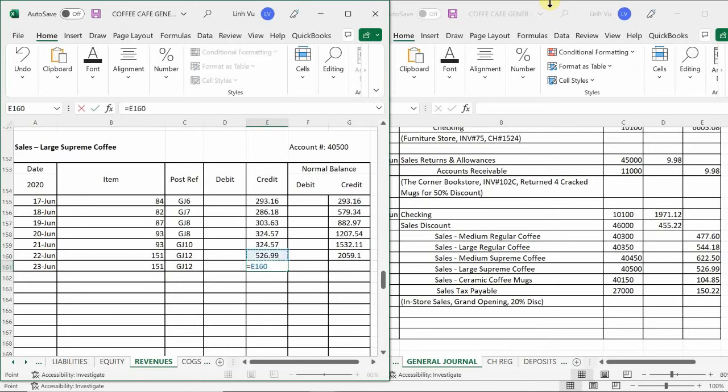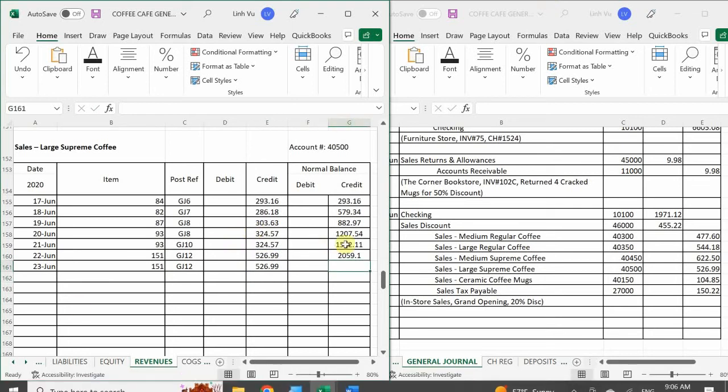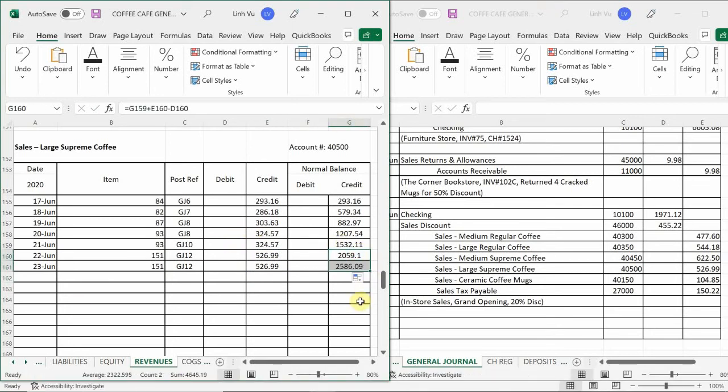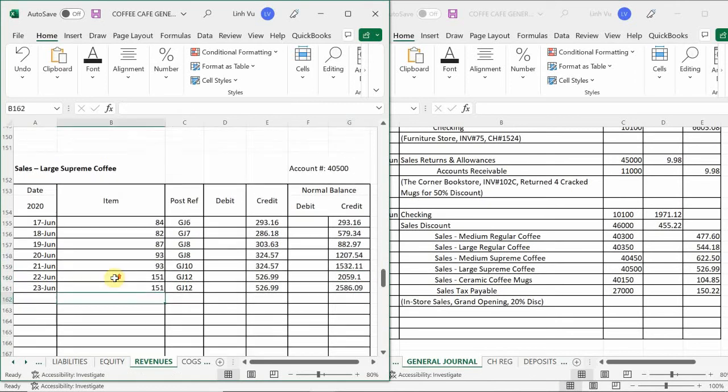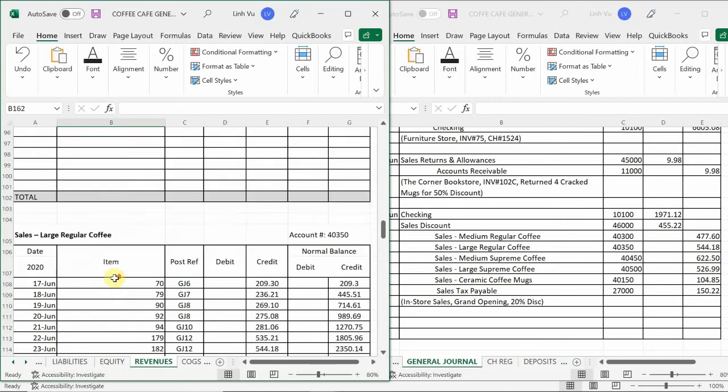Just the same as above. So it's going to be 2,586.09. Good. Okay, we go to the ceramic mugs.